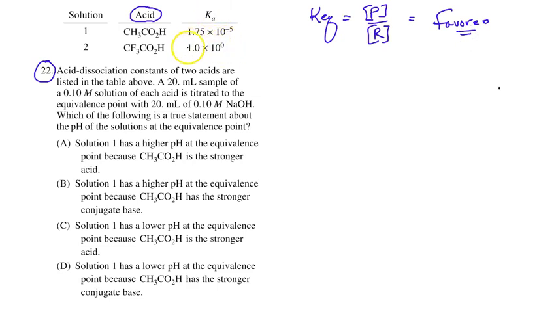So a very big equilibrium constant, or in this case bigger than this smaller one, means that there's more what? Products favored. So this is a stronger acid because I can see that the Ka is larger here. Larger Ka means there's more products. And what are the products of an acid?